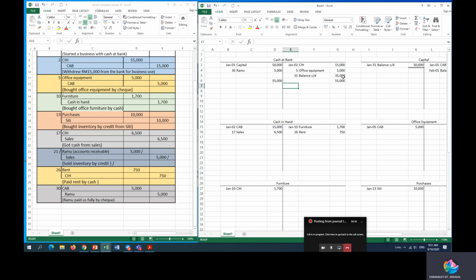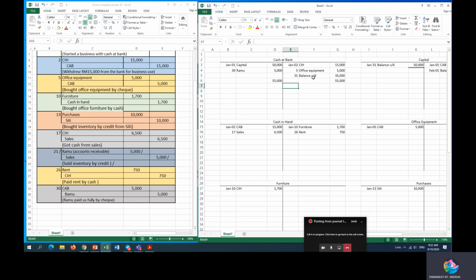So you get 35,000. This is the ending balance for cash at bank at the end of the month of January. These are the balancing figures, the total for cash at bank in the month of January.